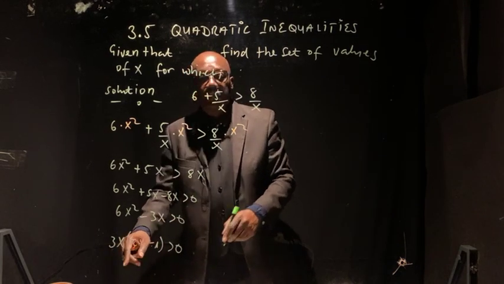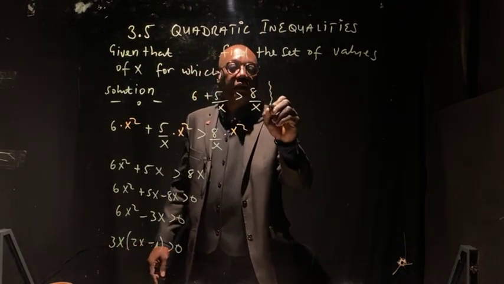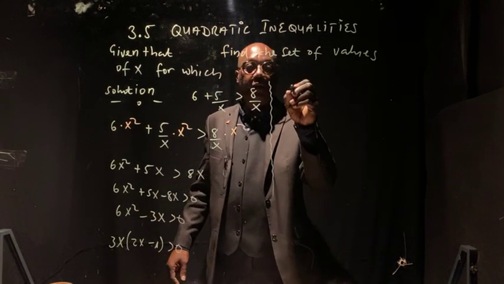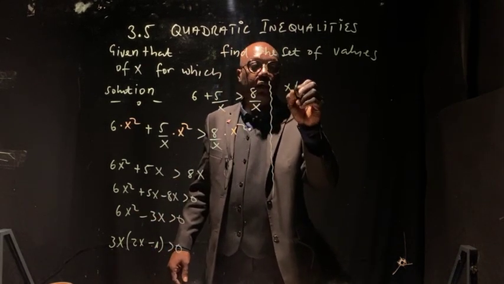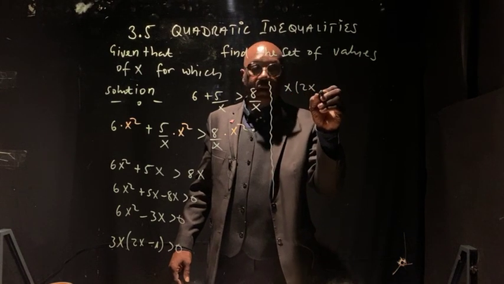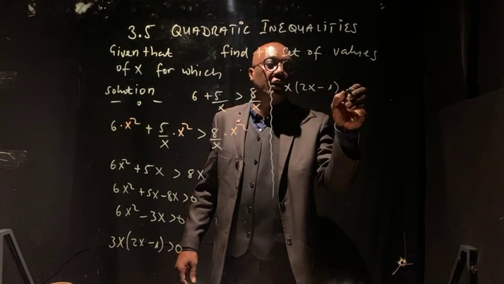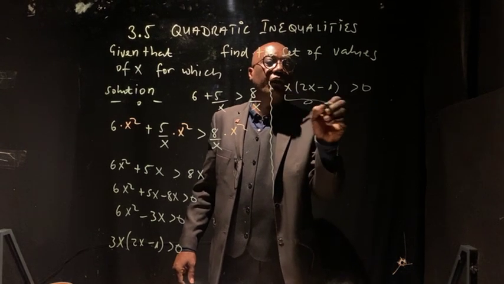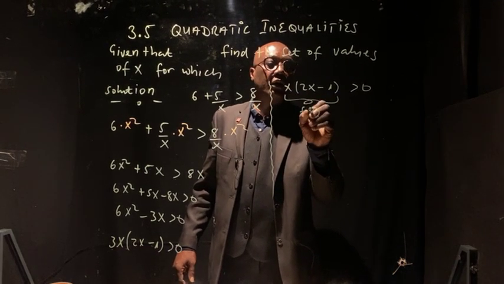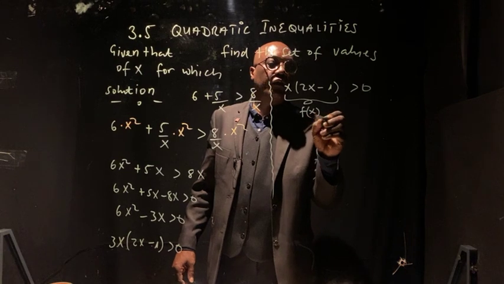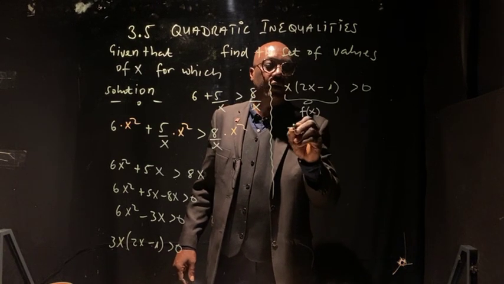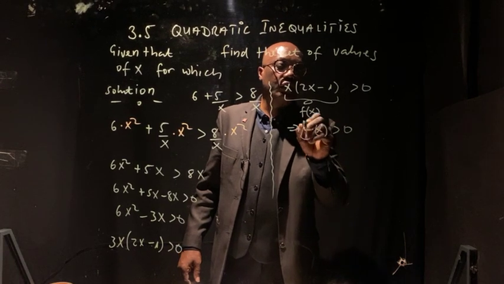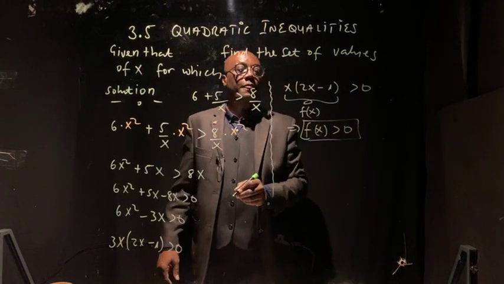If we divide both sides by 3, we will have x times 2x minus 1 greater than 0. We call this one f of x, which indicates that f of x is greater than 0, which should be very important to us.